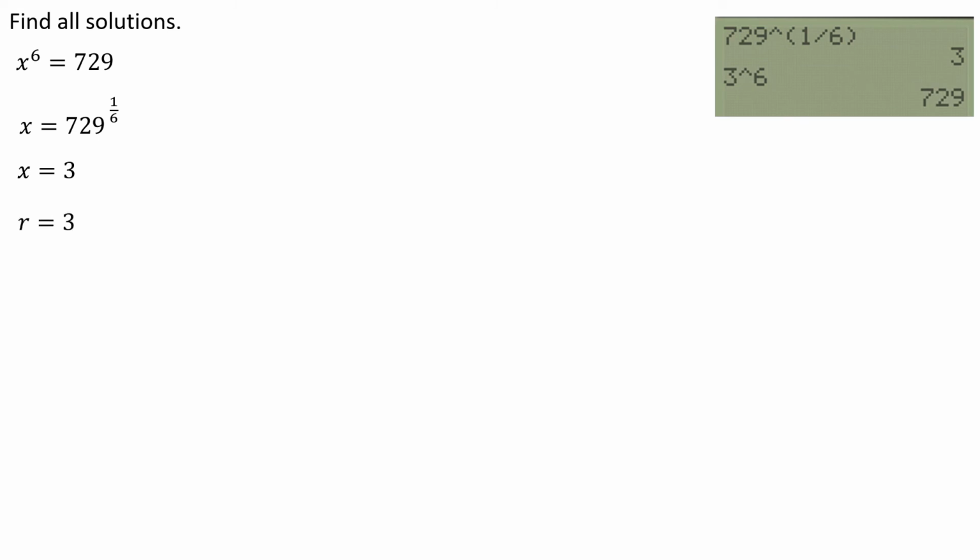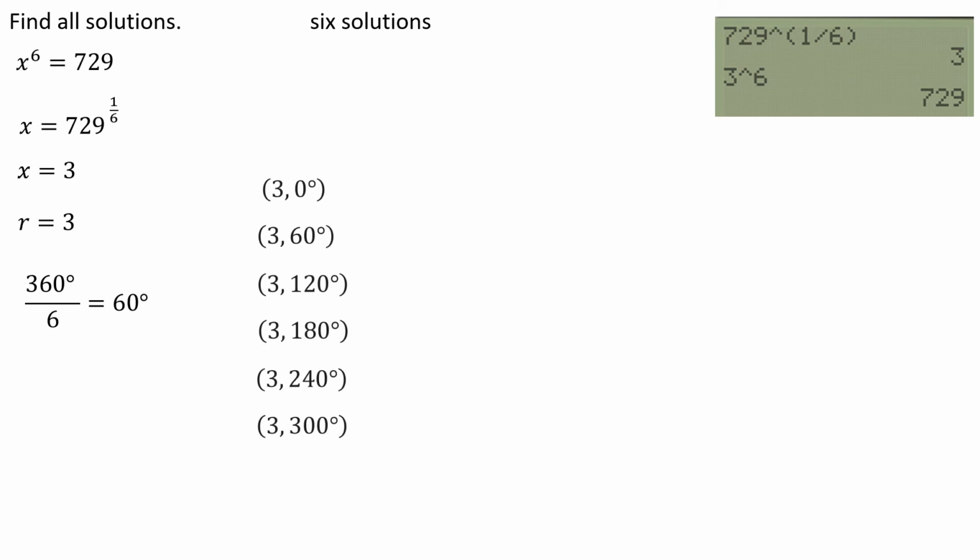I know that the radius is going to be 3. Now, because there are going to be 6 solutions, right? It was x to the 6th power. I just go every 60 degrees and I'll get a solution. So those are my 6 solutions. Radius has to be 3 for each one. I just keep moving by 60 degrees.